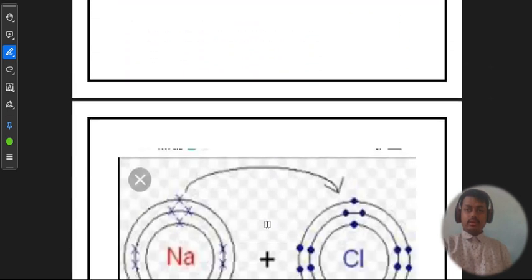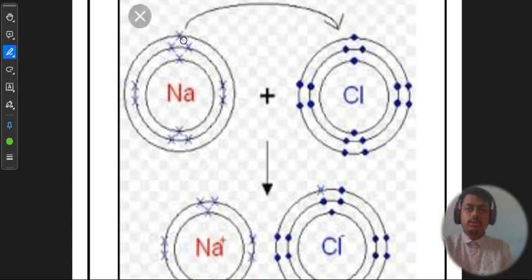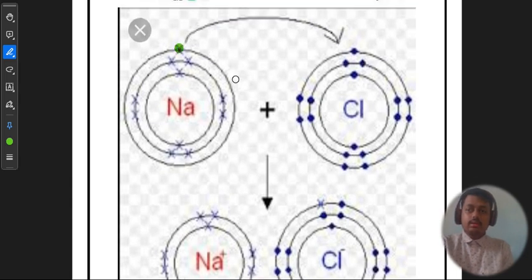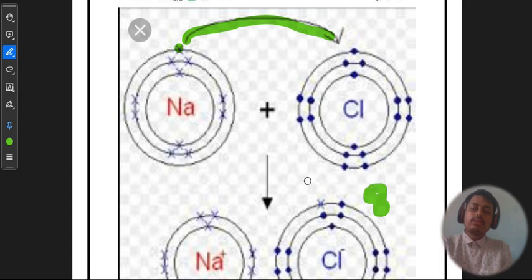If we look at the example of sodium chloride, chlorine is an electronegative element, we all know that. Sodium wants to lose one electron in the outermost shell to achieve 8 electrons in its outermost shell. So now if we look, this is the outermost electron of the sodium, and chlorine will take this electron and will now have 8 electrons in its outermost shell, having the same configuration as an inert gas.